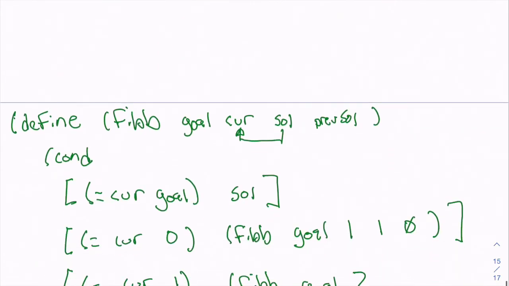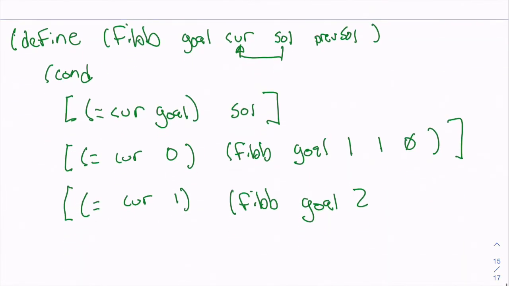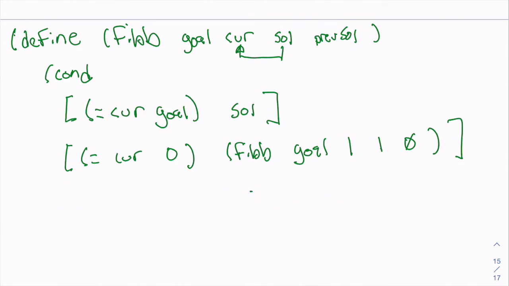Do we need to do anything else? Let's see, when it's 0, we're calling with 1, 0. If we're calling with 1 and 0, I think we're actually good. I don't think we actually have to do any more than that. We'll try it. And if we're wrong, we'll make a change.